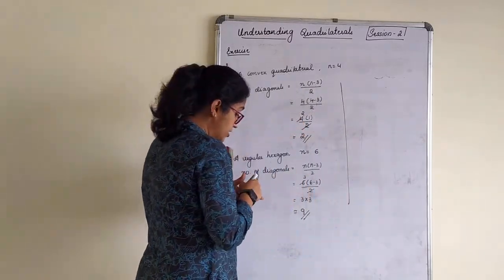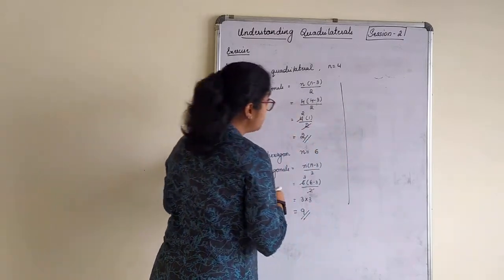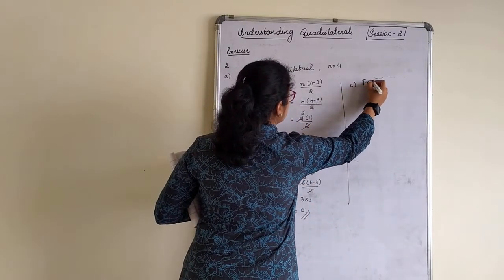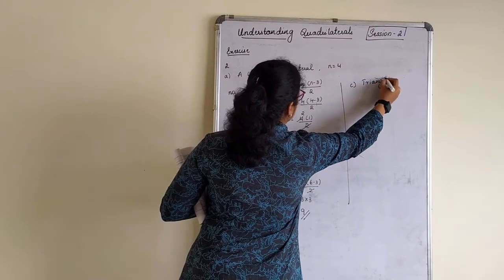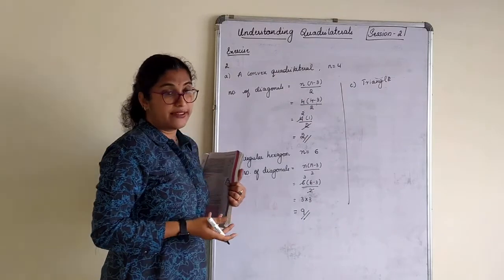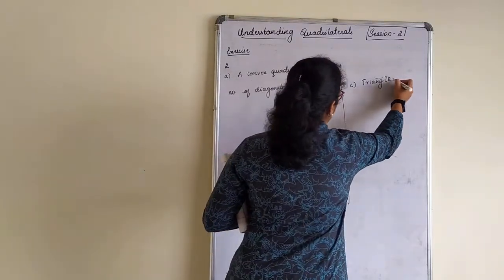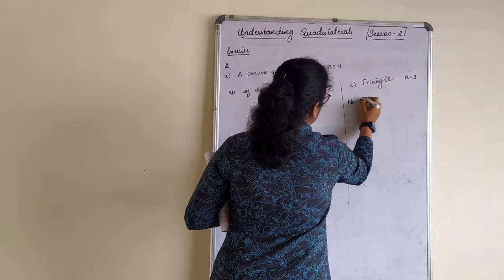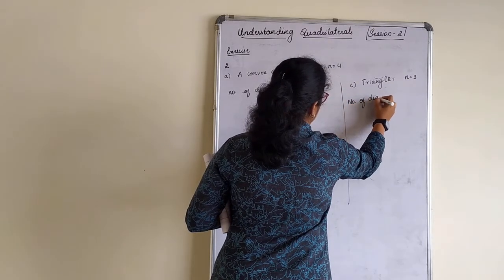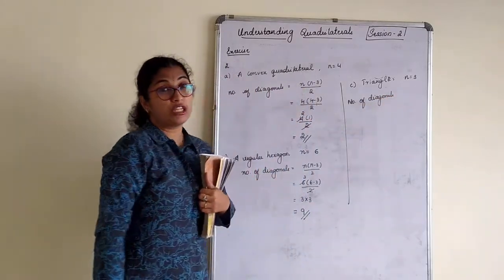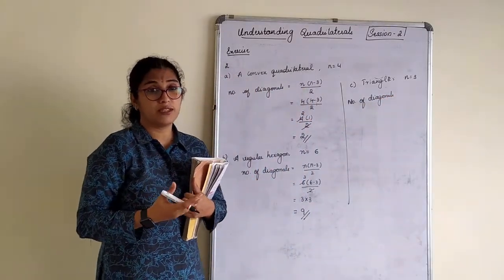And the last one, they have asked for a triangle. We know that a triangle cannot have any diagonals, but still n is equal to 3. Children, these number of diagonals questions are usually asked as 1 mark questions or MCQs.